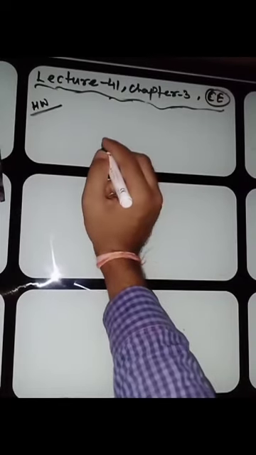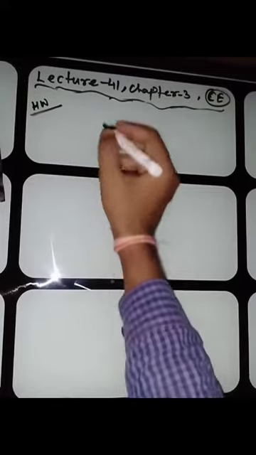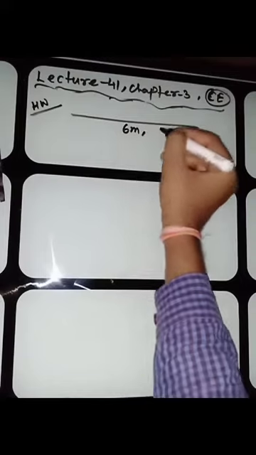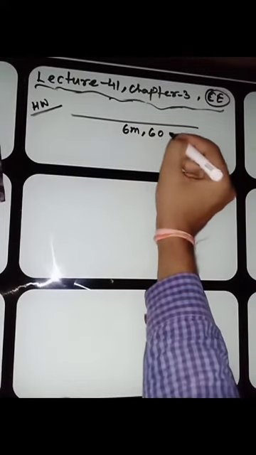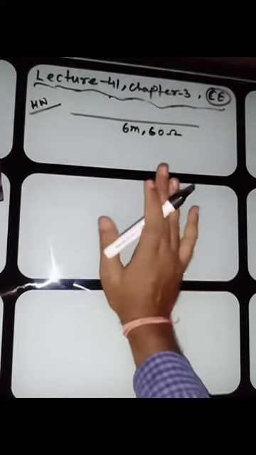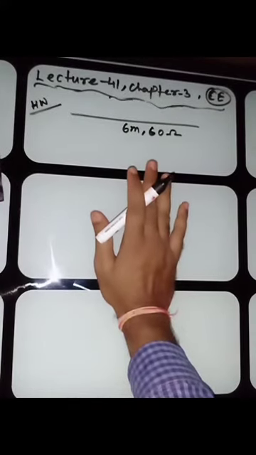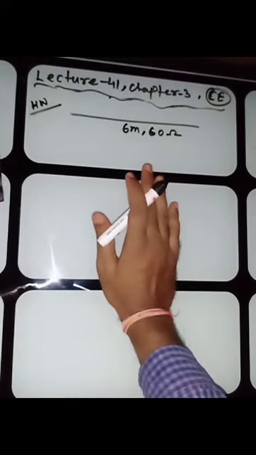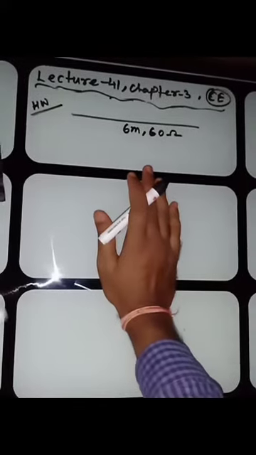And the question is, a wire of length 6 meter. You are having a wire of 6 meter, and the total resistance of this wire is 60 ohm. All right, yes, wire having length 6 meter, and the total resistance of the wire is 60 ohm.